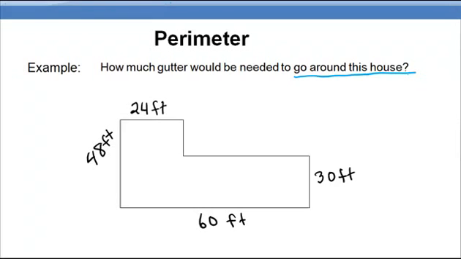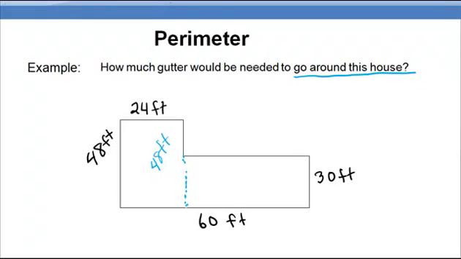They did not give us two of the edges, so we have to figure those out. One trick that can be used is to make dotted lines and make a rectangle. So if we make a dotted line here, then we know that this entire side over here is 48 feet because it's opposite this side.